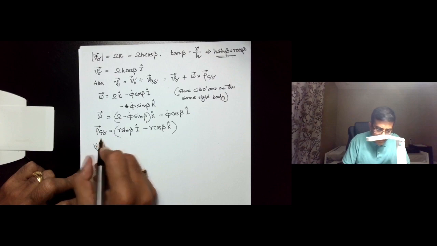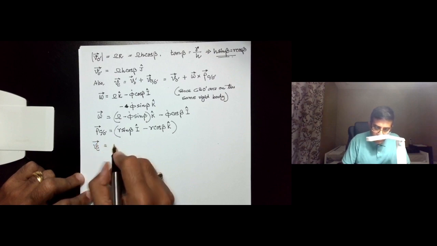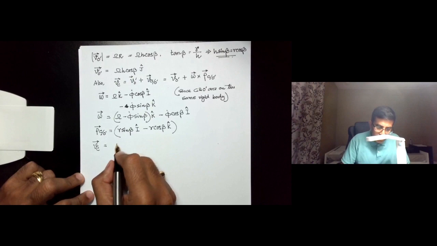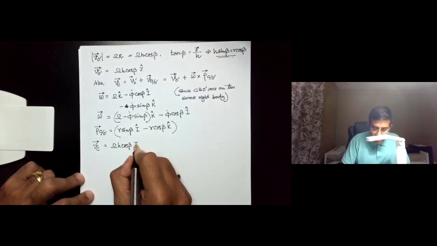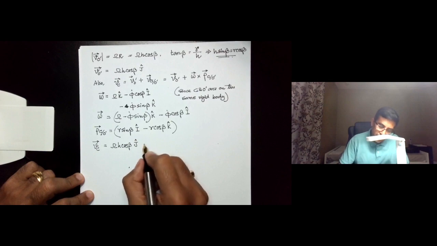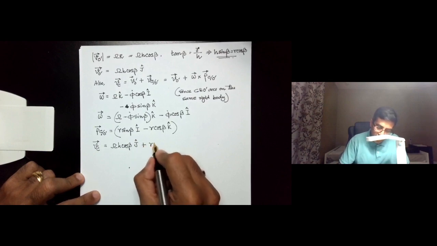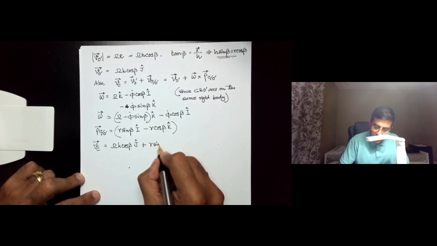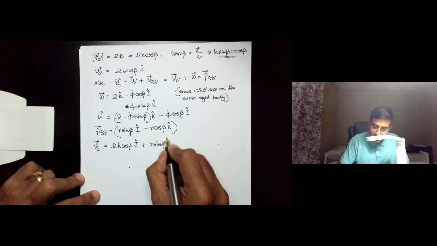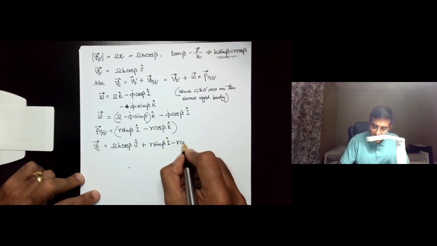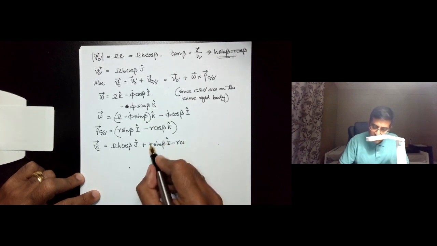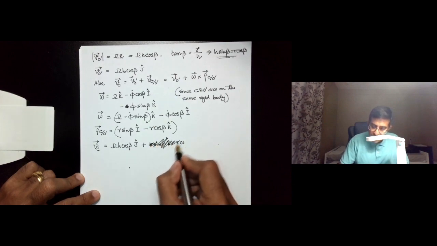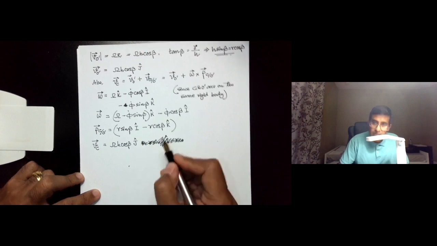Vc is then equal to Vo prime, which is omega h cosine beta j, plus, sorry, I should put the angular velocity first, I'm sorry.